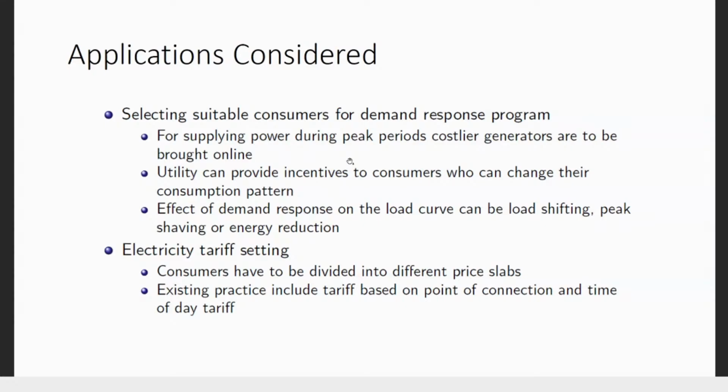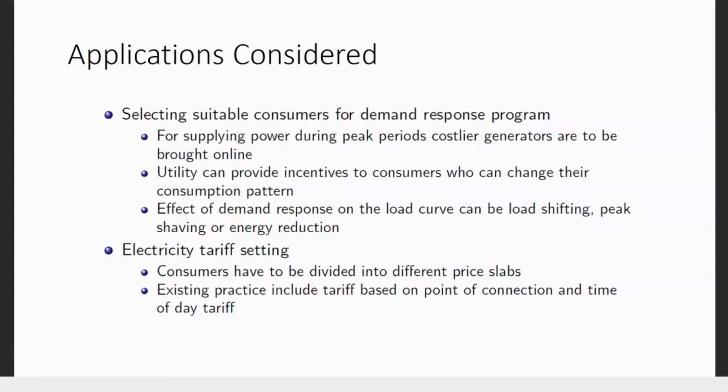Okay. So what the utilities can do in order to avoid that scenario where the costlier generation may have to be brought online, they can always provide an incentive to the customers that if they can change their consumption pattern in a certain way, so that at the peak load periods, if the consumers are able to reduce their consumption, then we may completely bypass this possibility of going to the costlier generation.